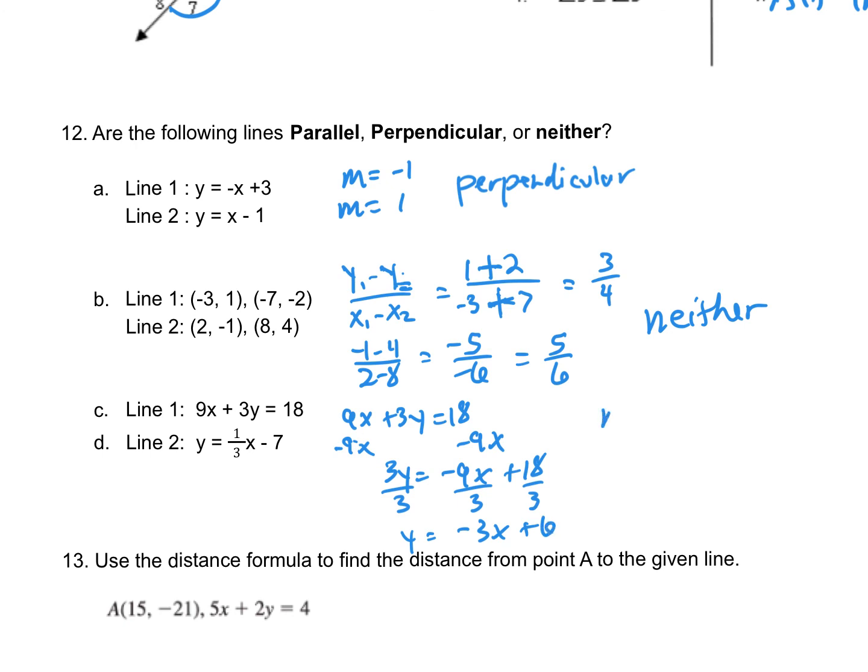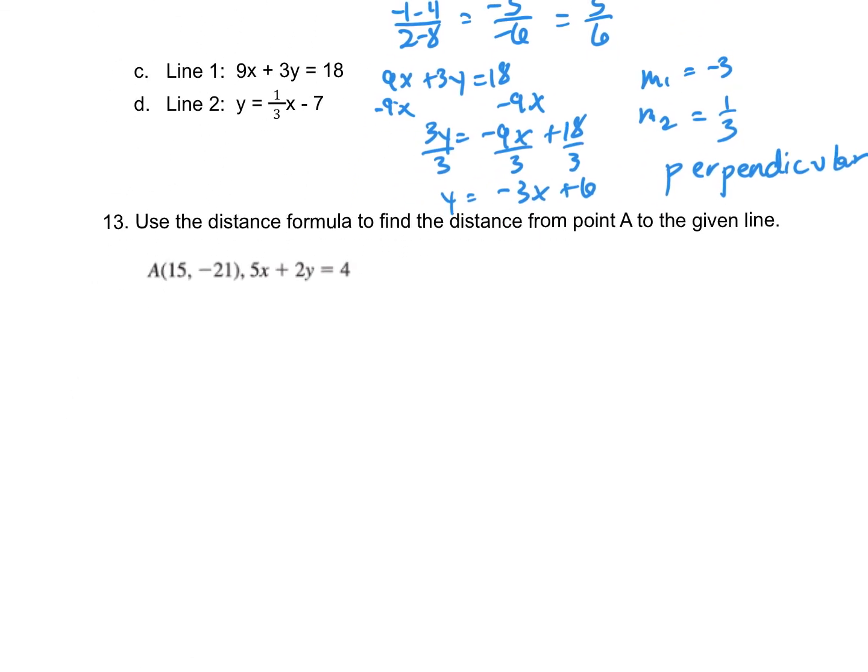First slope is negative 3. Second slope is 1/3. They are perpendicular since they are opposite inverses of each other. Parallel have to be the same. Perpendicular is opposite inverse. And neither is neither.